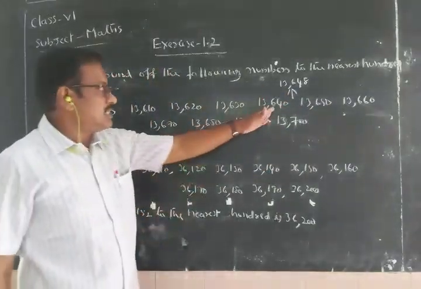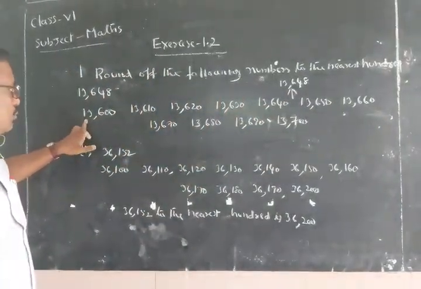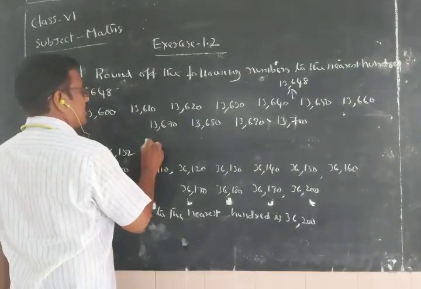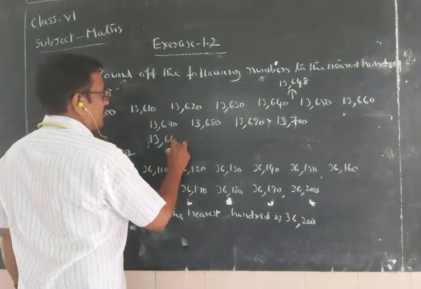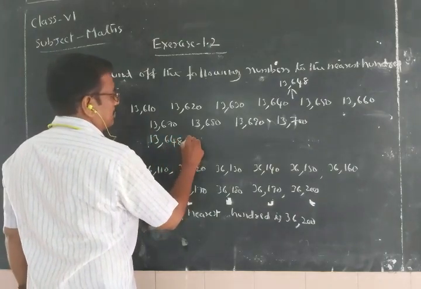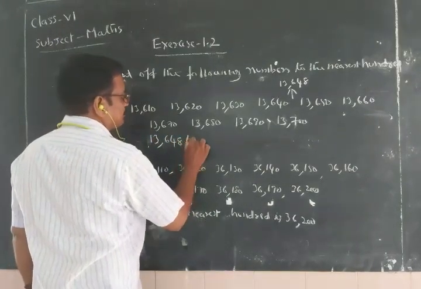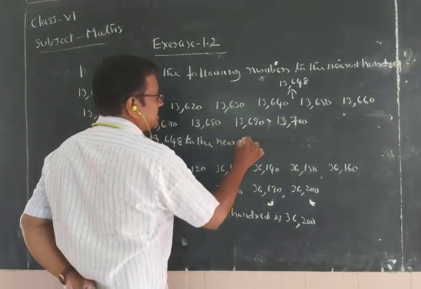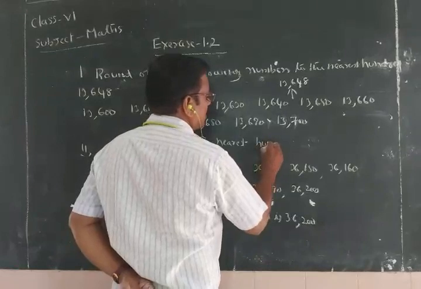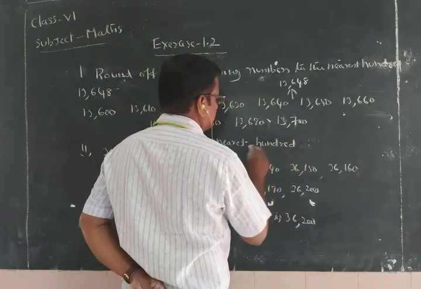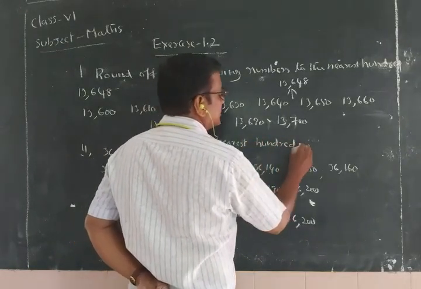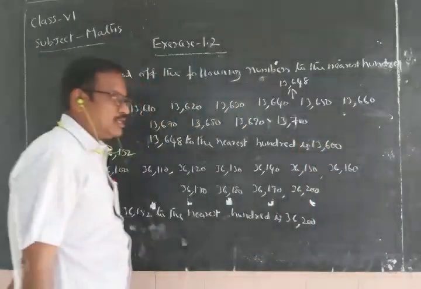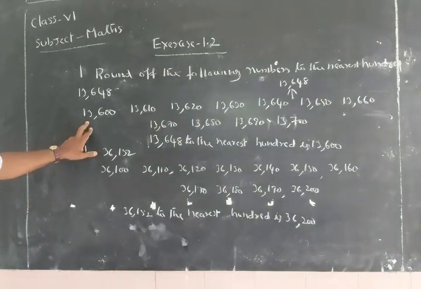Which is the nearest? 13,600. So 13,648 to the nearest 100 is 13,600.